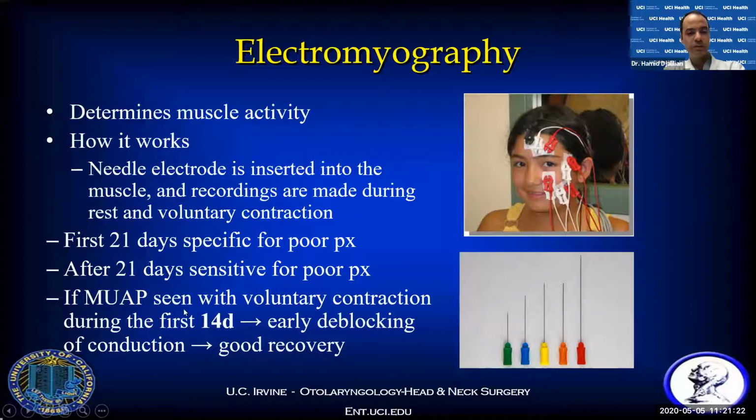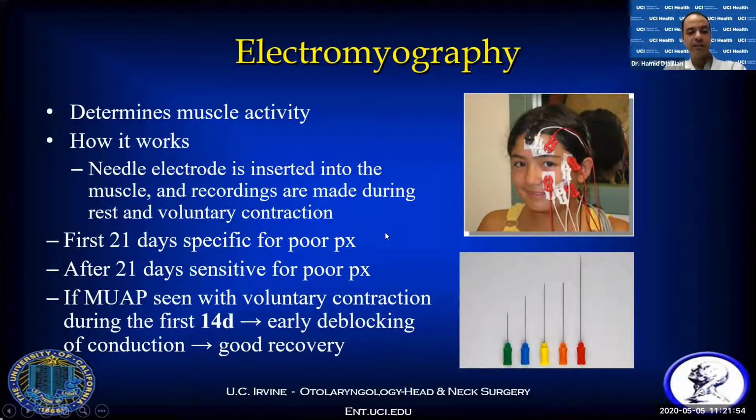So if you see motor unit action potentials with voluntary contraction, that means that the nerve was primarily conduction blocked, and this is just in the first 2 weeks. I had a patient, for example, who came in stressed out because her wedding was coming up, and then she developed facial paralysis. You can't just move the wedding, and it was in 2 weeks.